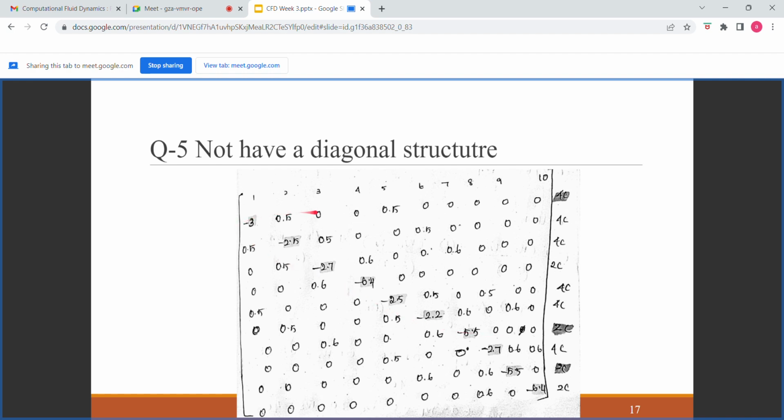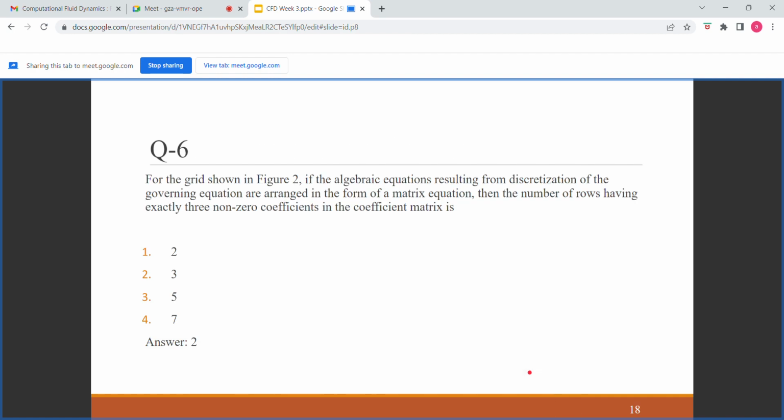For example, 1, 2 and 3 in the first cell, and in the 7th cell we were able to see 1, 2 and 3, and also in the 9th cell we had 1, 2 and 3. So exactly three non-zero coefficients in three rows. The number of rows having exactly three non-zero coefficients in the coefficient matrix is 3, option 2.